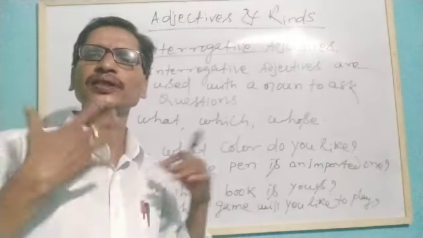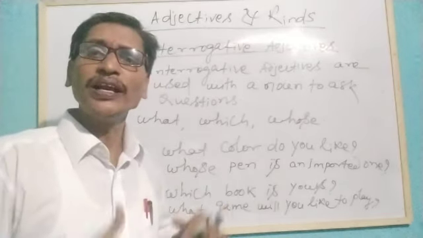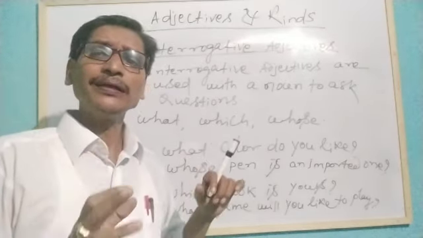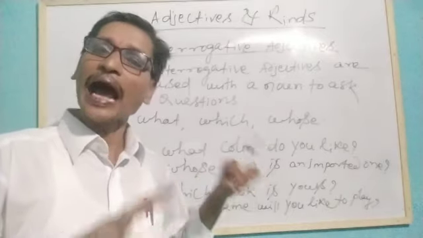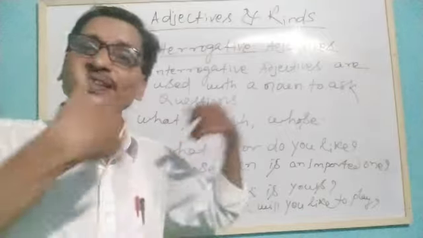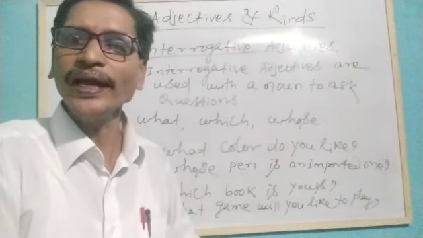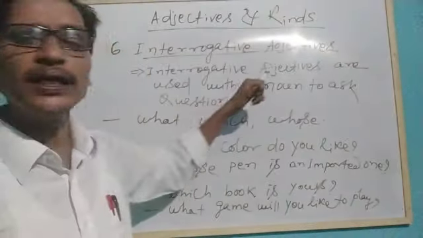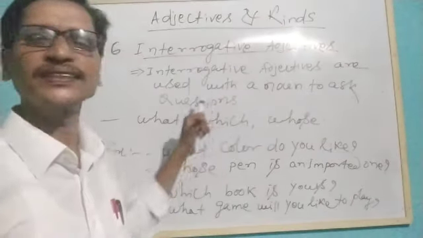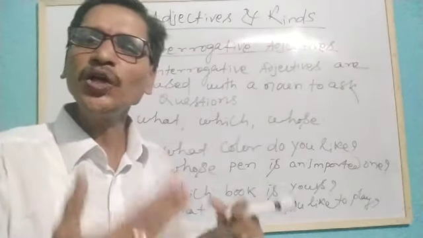Interrogate means to ask a question. So whenever we use some words before the noun to ask questions about something, here interrogative adjectives are used with the noun to ask questions.